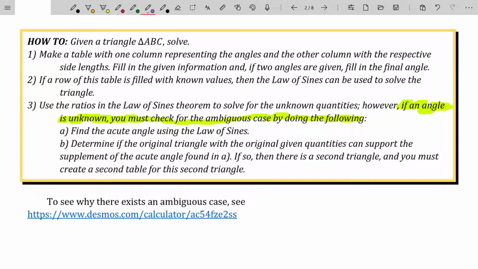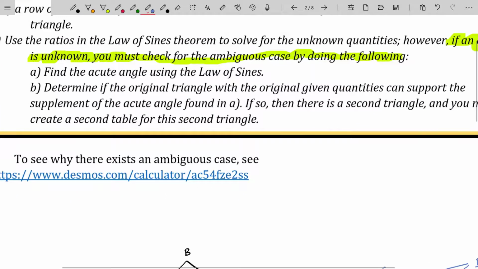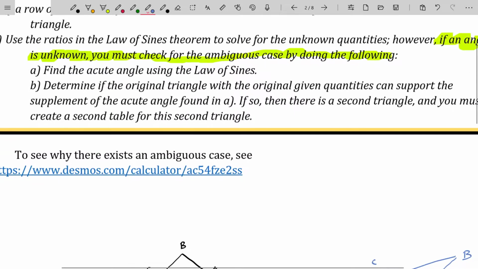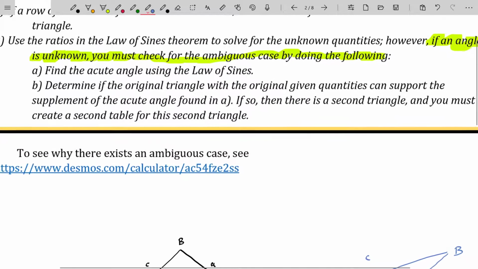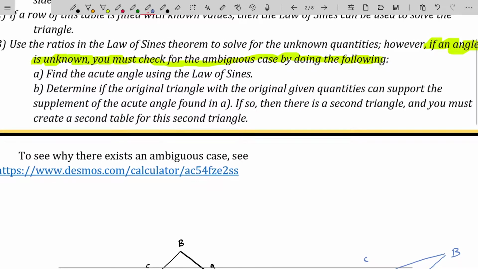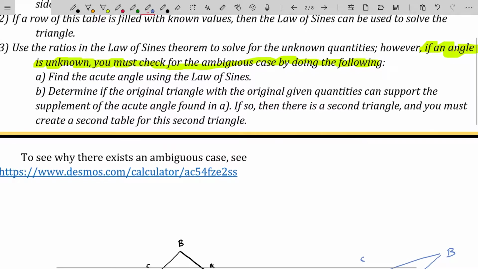You find the acute angle, that's C hat, by using the law of sines, and then determine if the original triangle with the original given quantities can support the supplement of the acute angle that we just found.